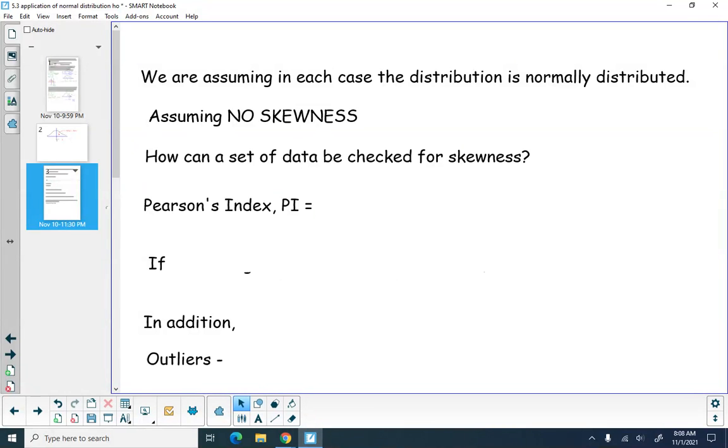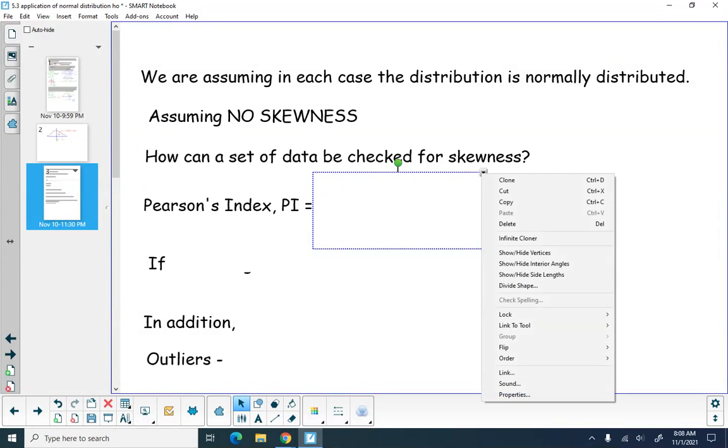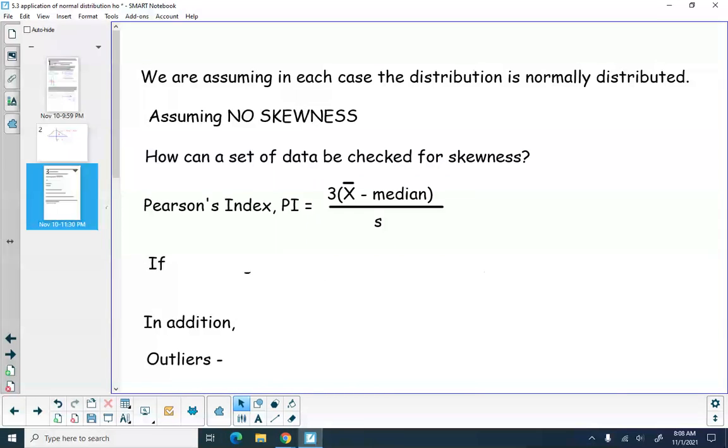But how do we check for skewness? It's what is called Pearson's index. And how we calculate Pearson's index is we take 3 times the mean minus the median, and we divide it by the standard deviation.